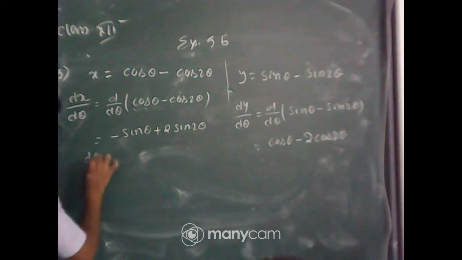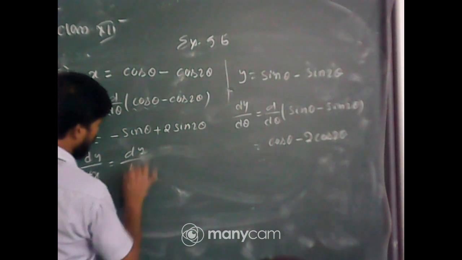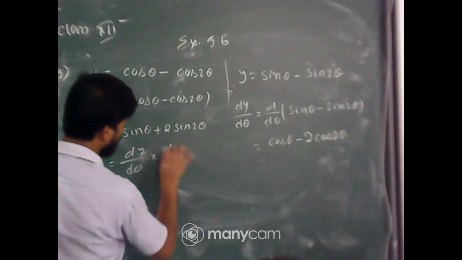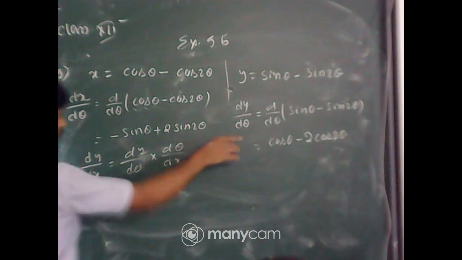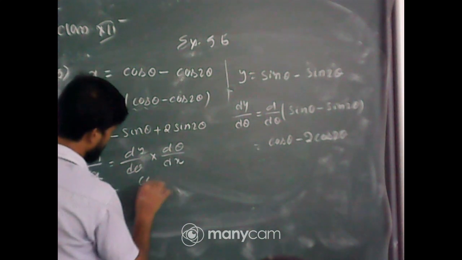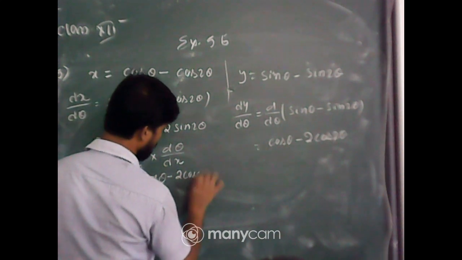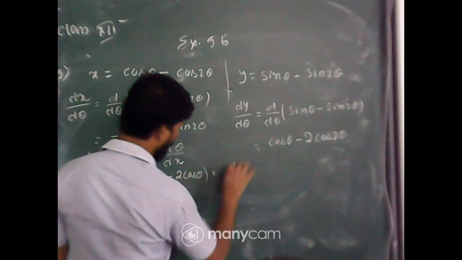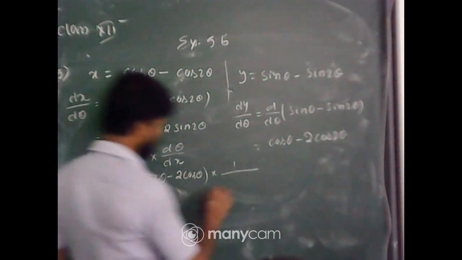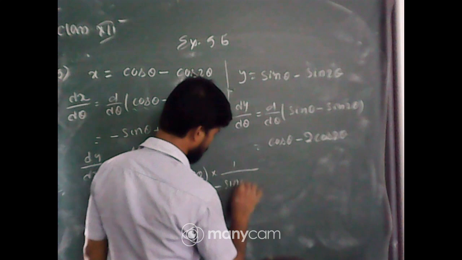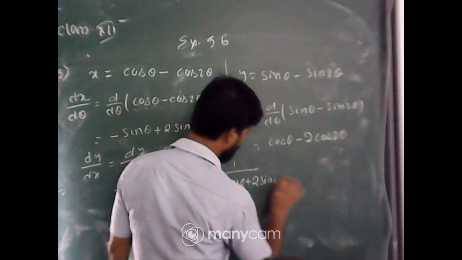Now calculate dy/dx, which is equal to dy/d theta into d theta/dx. Put the value of dy/d theta from here, that is cos theta minus 2 cos 2 theta, into 1 by dx/d theta, that is minus sin theta plus 2 sin 2 theta.